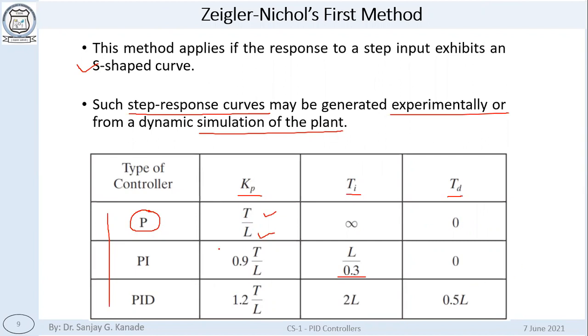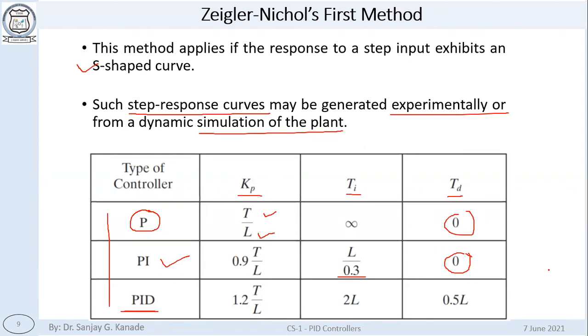When there is the PI configuration, Kp and Ti, the proportional and integral components, are present. The derivative component is again 0 in PI configuration. Whereas in PID, all three components are present and their values are like this.